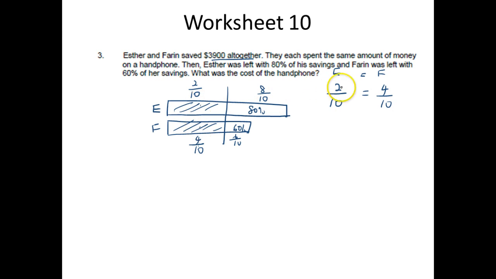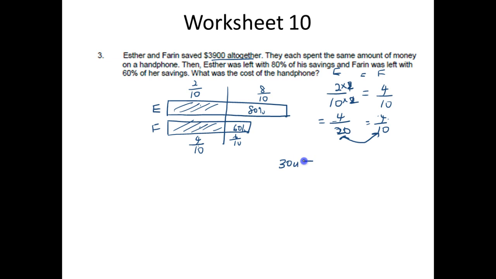We make the numerator the same. So it's 4 out of 20, times 2. 4 out of 20, and Farin is 4 out of 10. So I know now the numerator is the same. Altogether we have 30 units. 20 units plus 10 units. 20 is from Esther, 10 units is for Farin.